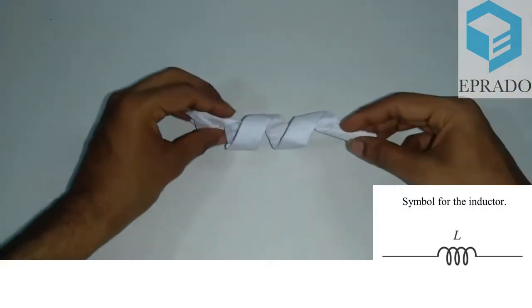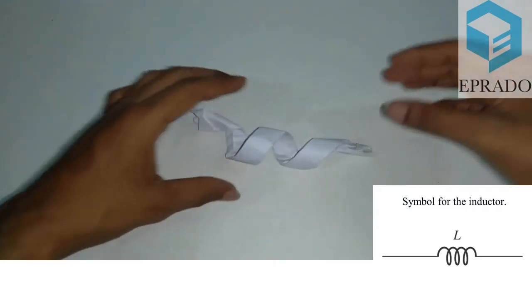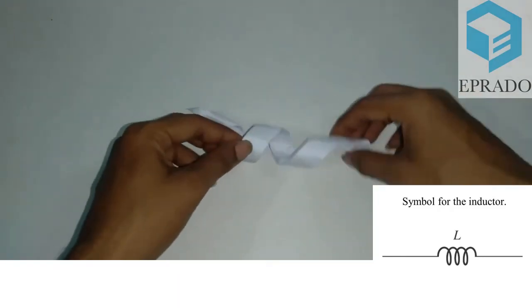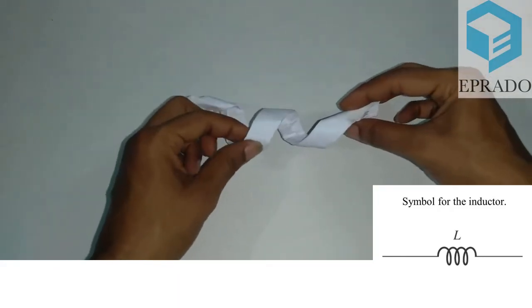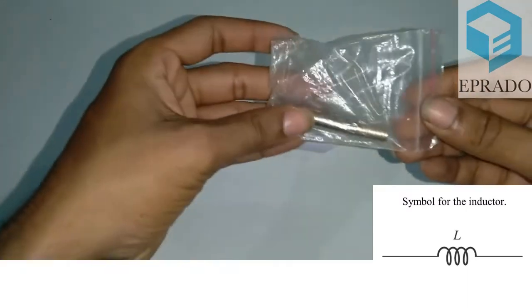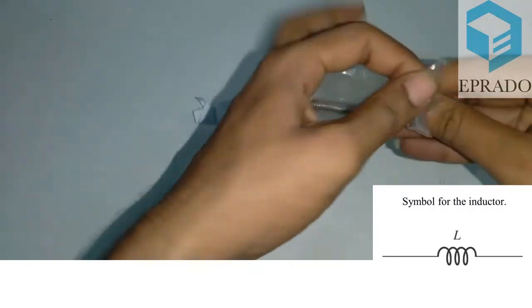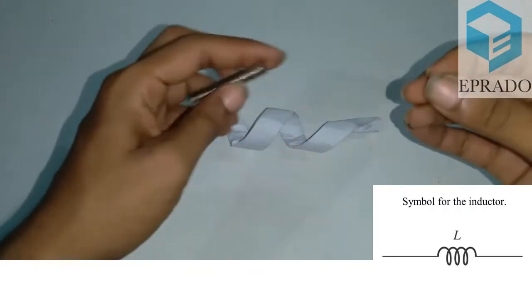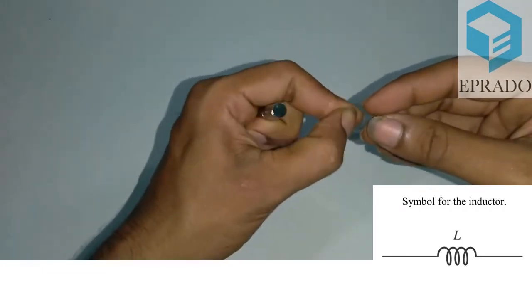Okay, then to make it more understandable, we need to attach some magnets on the surface of this shape. So we have some magnets. Children, you need not use these magnets.